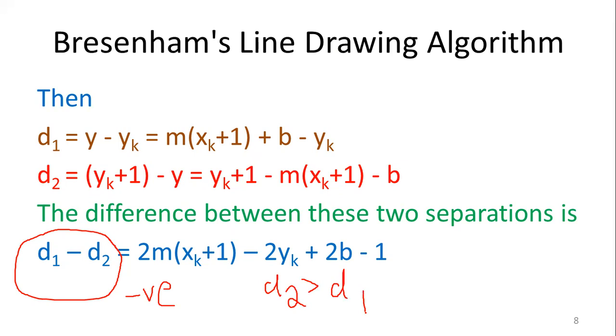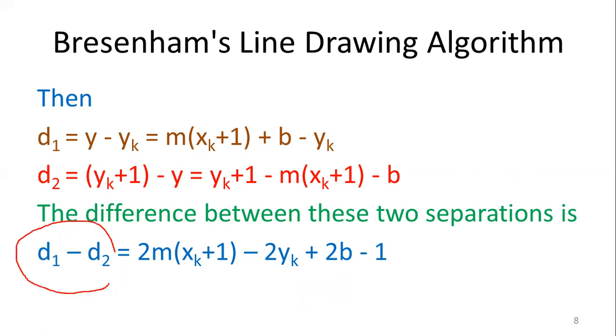So in that case, we have to plot the pixel having coordinates xk plus 1 comma yk, because d1 is smaller. Similarly, if d1 minus d2 is positive, it means that d1 is greater than d2. That means d2 is smaller. If d2 is smaller, the next pixel to be plotted is xk plus 1 comma yk plus 1.